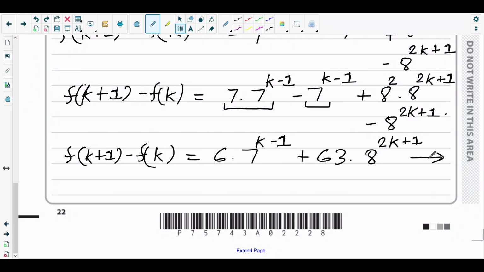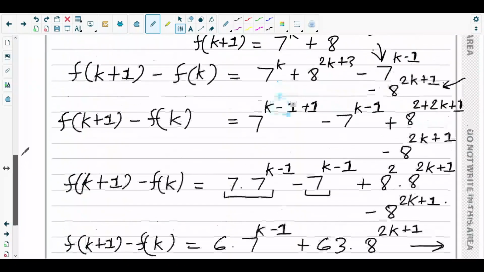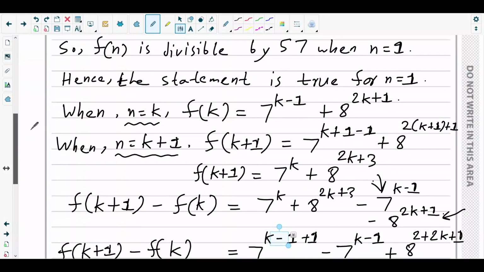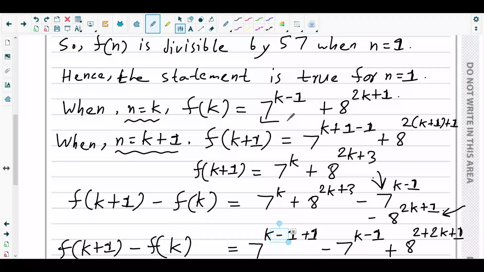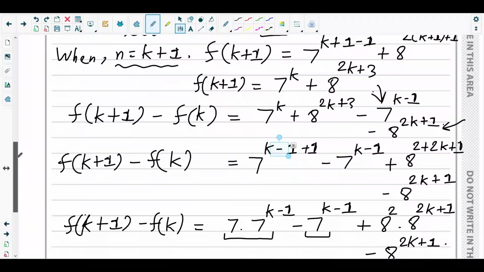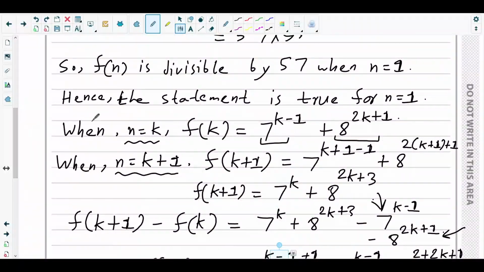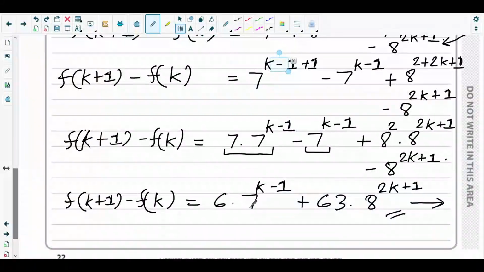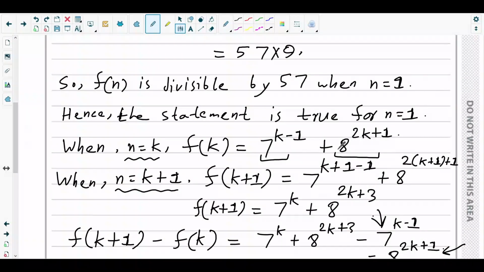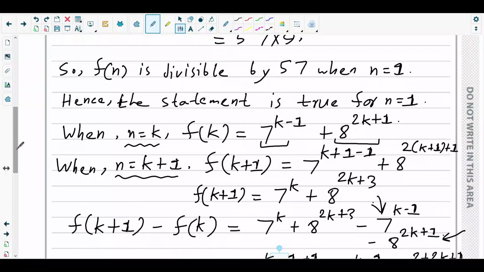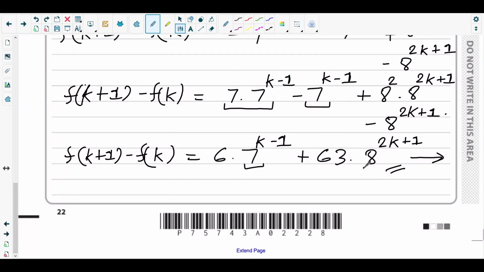If you see the equation for f of k, it is basically 7 to the power k minus 1 plus 8 to the power 2k plus 1. Can you make some relationship between the equation for f of k and the equation of the difference? Definitely there is. Look, we got 7 to the power k minus 1, we have 7 to the power k minus 1 here, right? And again, we need 8 to the power 2k plus 1, we have 8 to the power 2k plus 1 here.